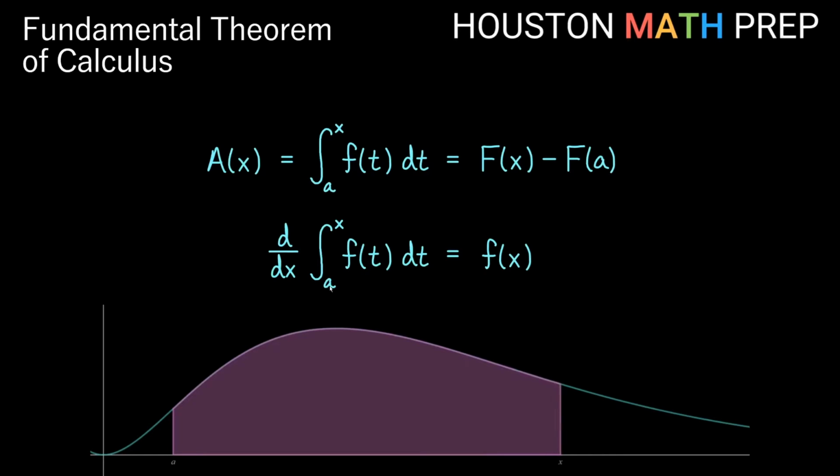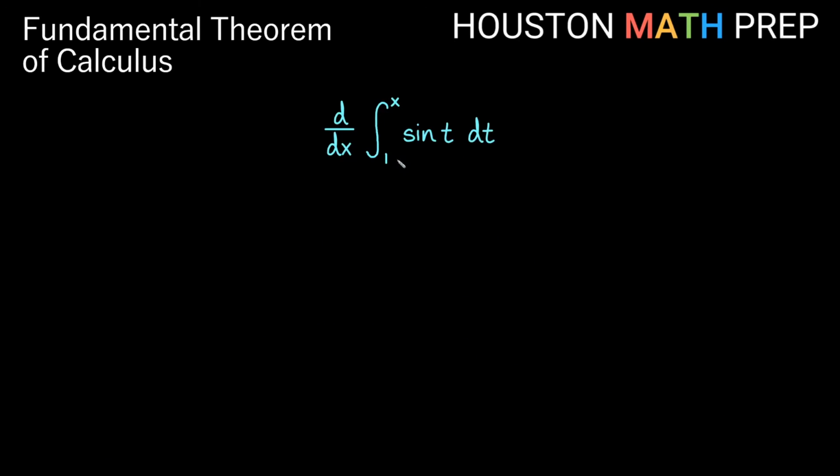Well, if I've plugged in some constant, some a, then this would just be some number. We'd get minus some number. And we know the derivative of a constant is 0, right? So really, we just get back f of x when we take the derivative with respect to x of this integral, this definite integral, that is our area function here. Let's go ahead and work a couple of these, and then we'll establish a pattern of how these work.